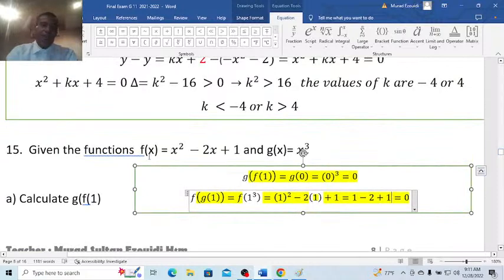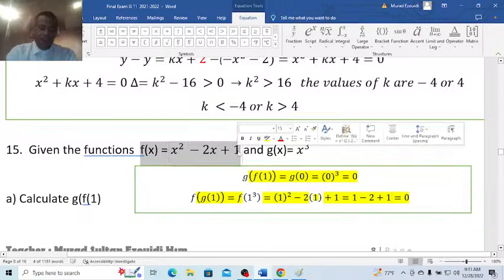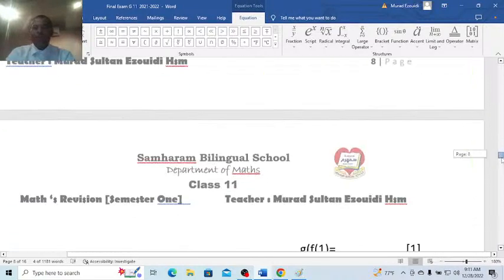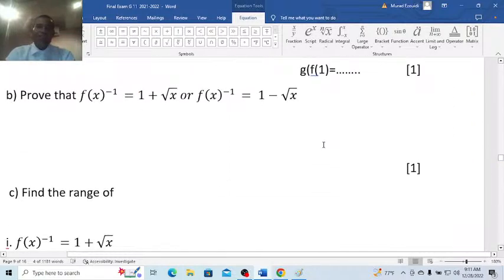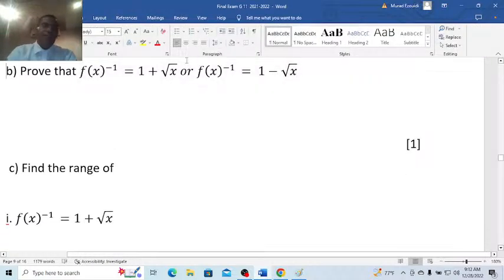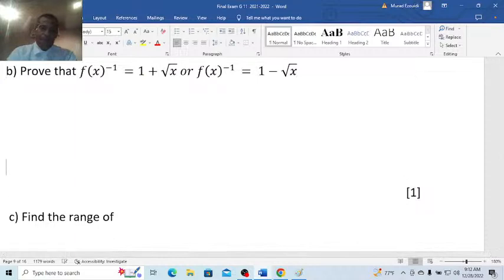This is my function f of x. I will copy it here, then go down. Please concentrate. I will erase this one, no need, because we did it above.